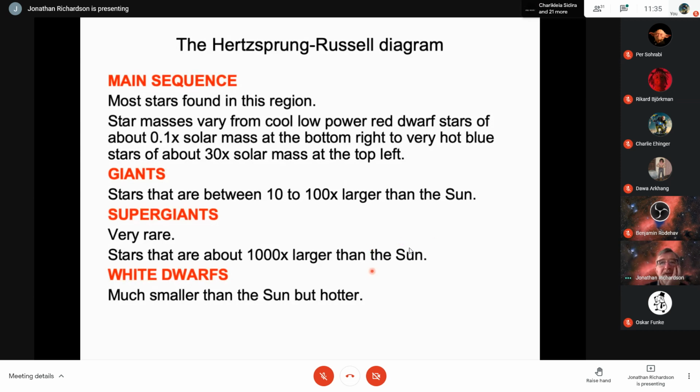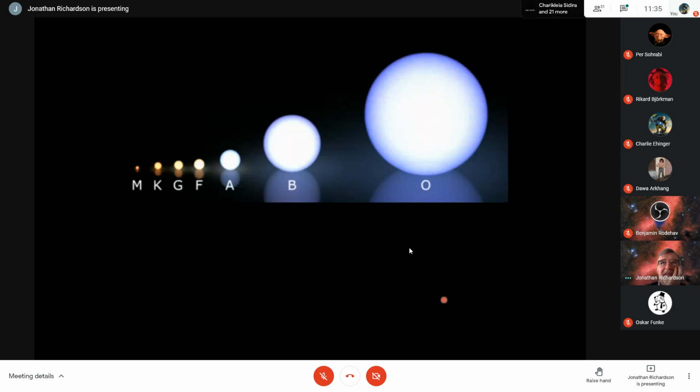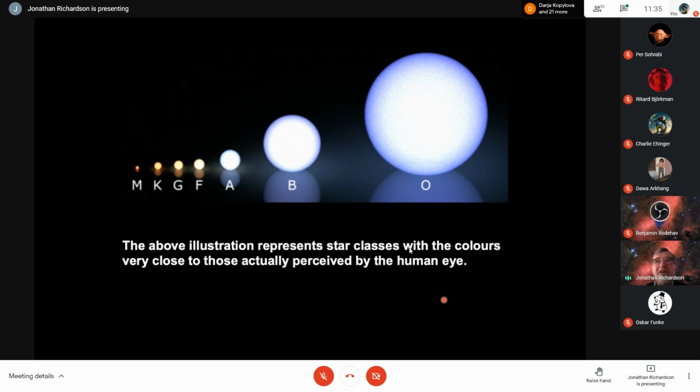Now, I showed you a graphic of the OBAFGKM, the classification of stars. Well, this is the classification in the opposite direction, because this starts off at class M, the red coolest stars, and shows the relative size of each of these stars as a perception of their size for main sequence stars.